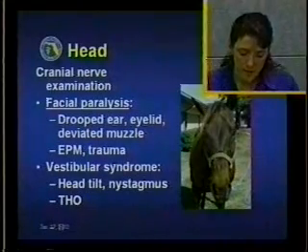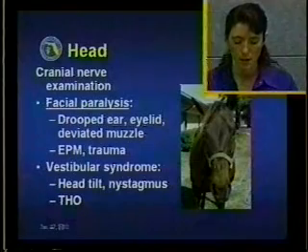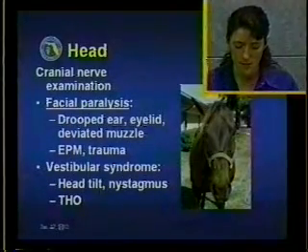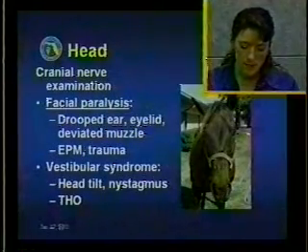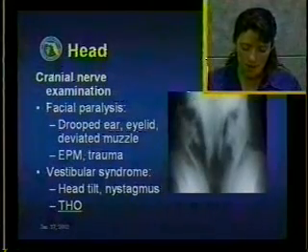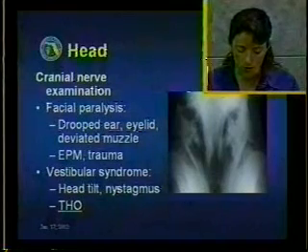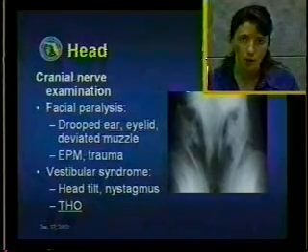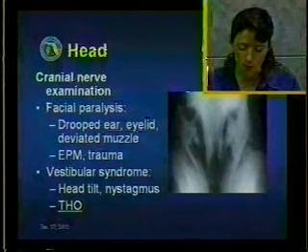Another nerve commonly affected is cranial nerve 8, and this is the vestibulocochlear nerve, and this may result in the vestibular syndrome. This syndrome is associated with a head tilt, nystagmus, and in some cases, this syndrome can be caused by a fracture of the petrous temporal bone, which then results in bony proliferation when this fracture heals, that will in turn compress the nerves.